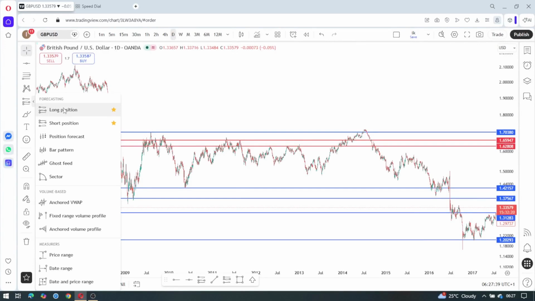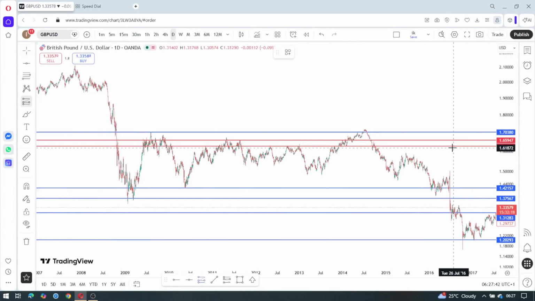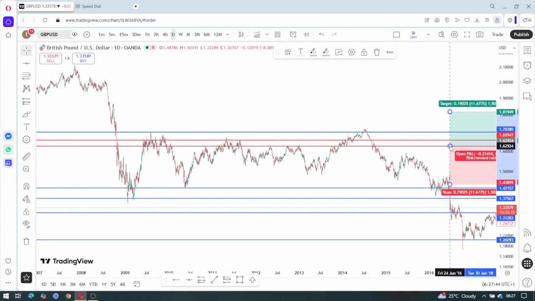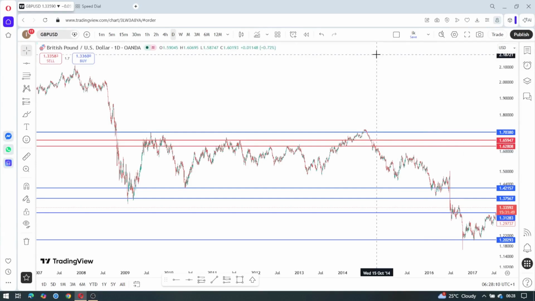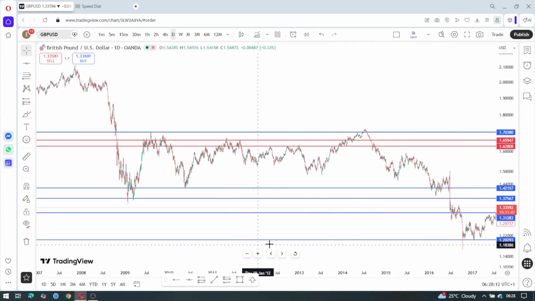Let's just measure it from daily, from this clear area. This is 3,374 points. You see how massive that distance is. 3,375 points, or you call it pips. Over 3,000 pips. That's what it is. So this is massive.